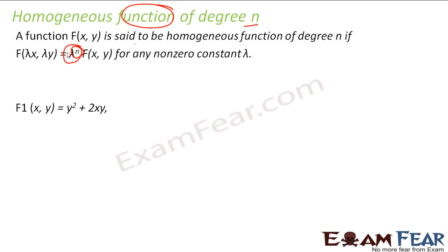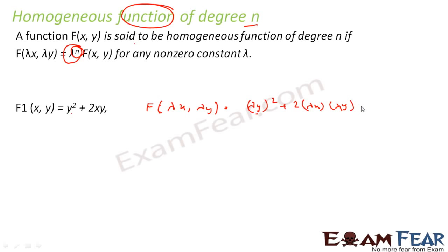For example, I have this function f1 = y square plus 2xy. So in this case, I can write f of lambda x and lambda y as nothing but lambda y square plus 2 lambda x lambda y. Why? I'm replacing y with lambda y, x with lambda x.